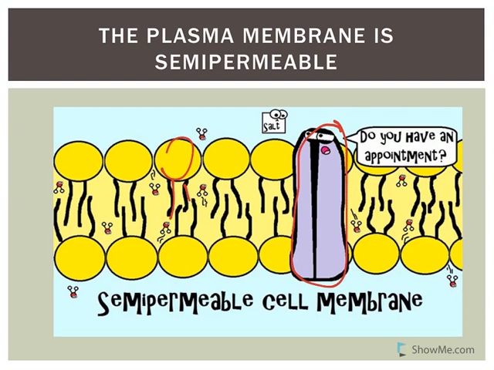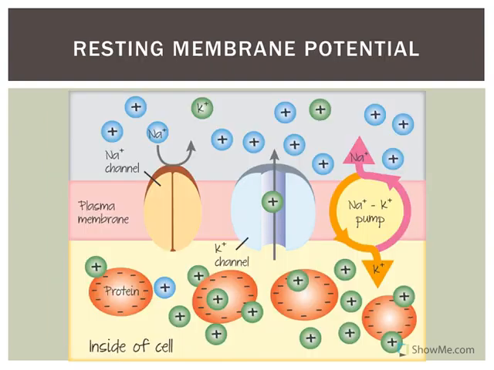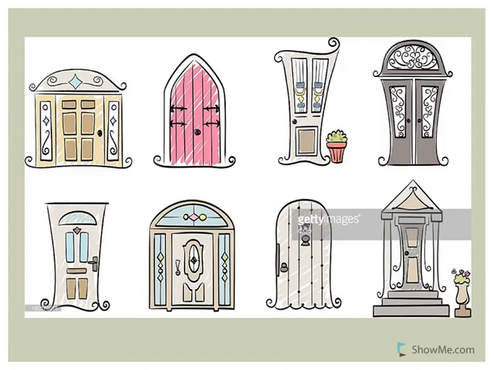The number of channels and whether they're open or not will determine whether or not these ions are going to move across. Remember, we have this unequal distribution of ions across the membrane, and you have that resting membrane potential. So how can we disrupt it? What are we going to do with these different types of channels that we have in the membrane? We have different types of channels, so let's go over them.